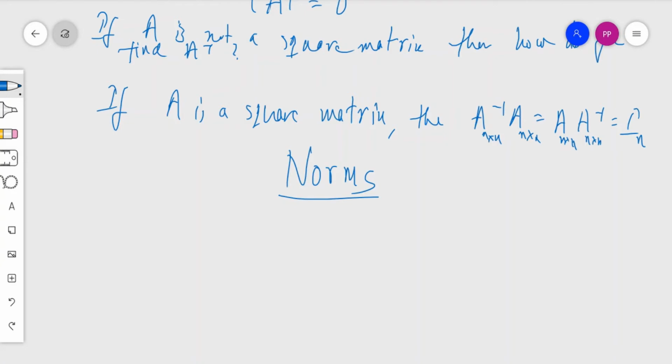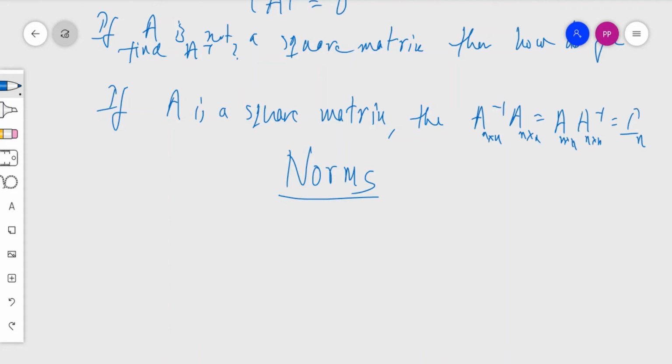Many times we need to represent a collection of numbers in a single equivalent for the ease of computation. For example, I have several matrices. I want to scale them through some angle, through some point of view. So these matrices can be converted into an equivalent single number by which we can identify these matrices for certain applications.